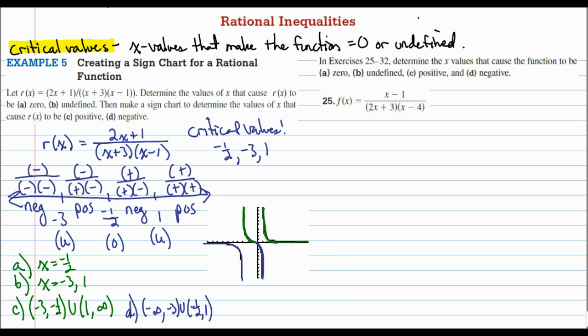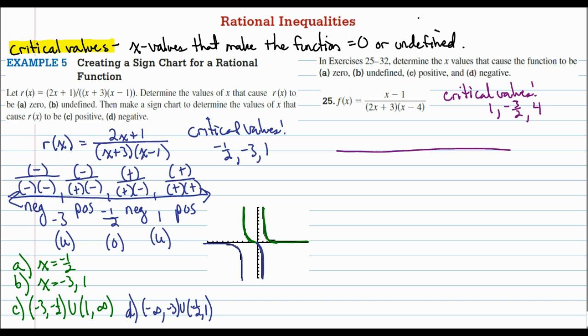For the now try problem number 25, I'm again going to identify the critical values, not circular, but critical. Any x value that makes the rational function 0 or undefined. So those would be +1 will make the function 0, -3/2, and +4.